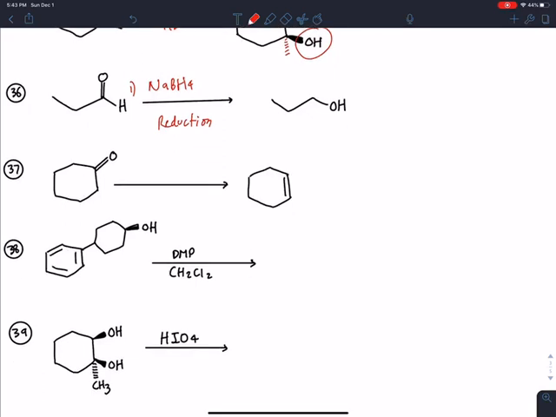Okay, next one, we're going from a ketone to a double bond. Well, I know to form double bonds, I have to do some kind of elimination, and elimination generally requires you to have either alcohols or Brs and Cls. So I know if it's alcohol, I can do elimination from last exam with H2SO4, water, and heat.